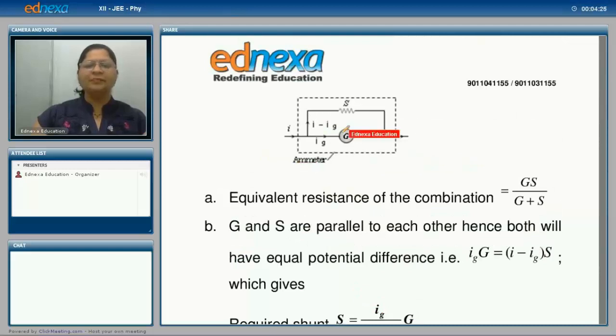So this is the diagram. This is your usual galvanometer, and if you connect a small resistance parallel to it, then it gets converted into an ammeter, or you can use the galvanometer to read the current.